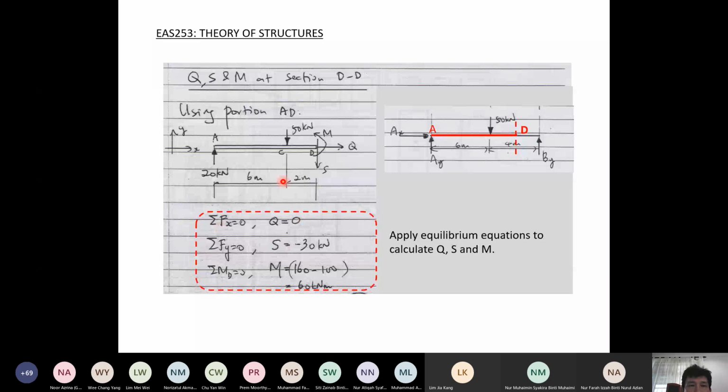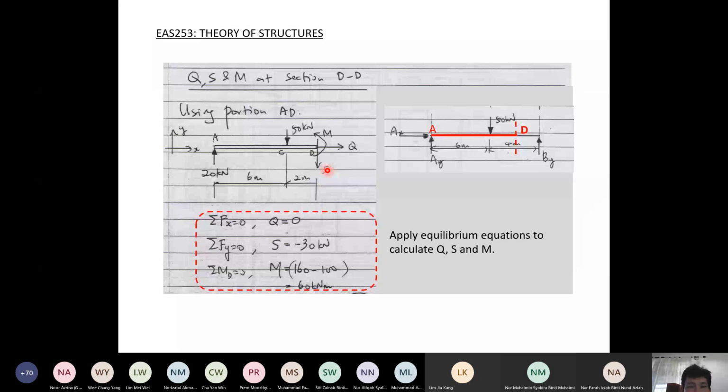So take moment; in principle, you can take moment at any point: D, C, A, or any other points within the plane of the structure. But it is easier if you take moment at the cut section here, so that you do not need to consider the moment caused by S. Sometimes in the calculations, if you get S wrong, then it will affect the bending moment as well.